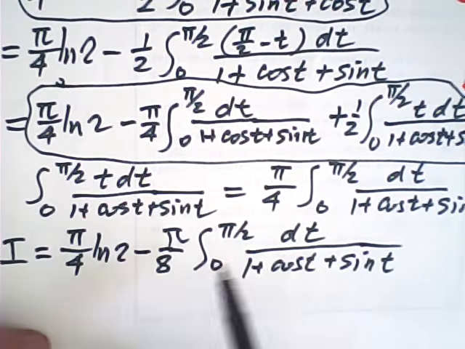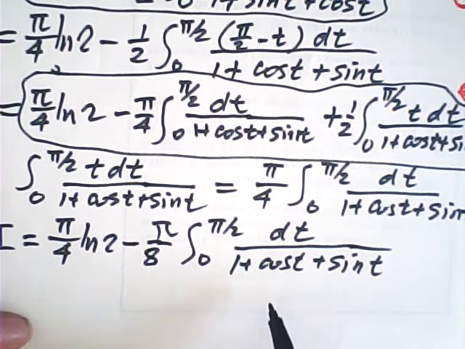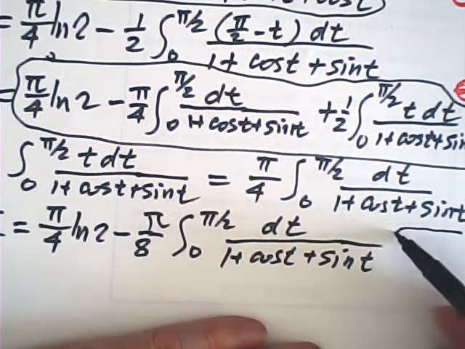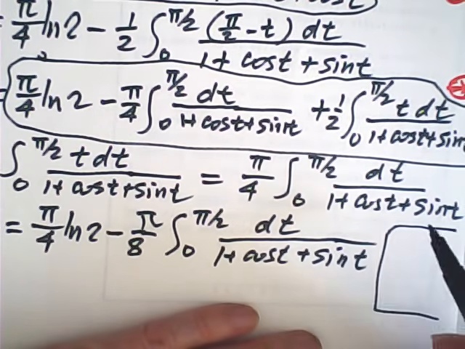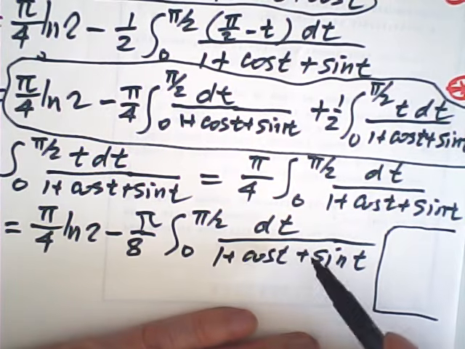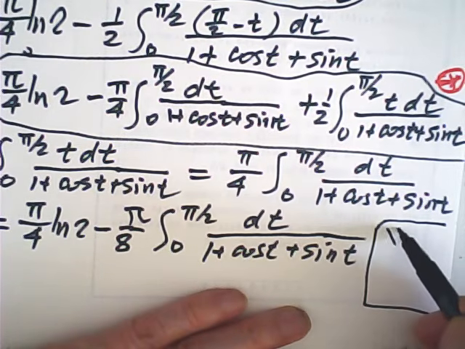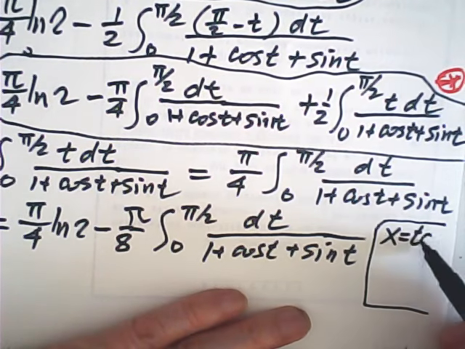Now this type of integral we can do using this method, right? Let x equal tangent of half t, so I use another variable.